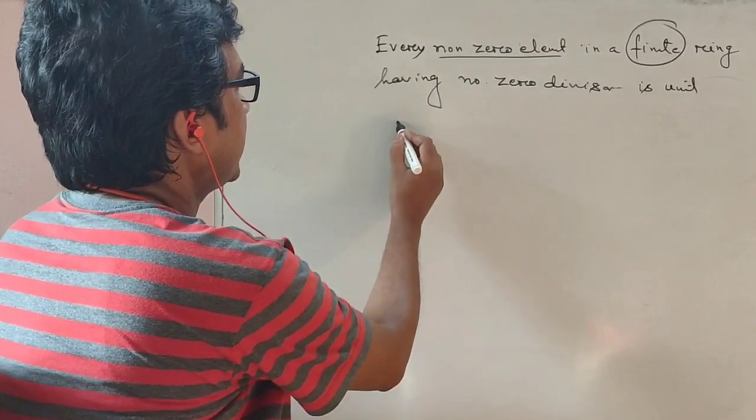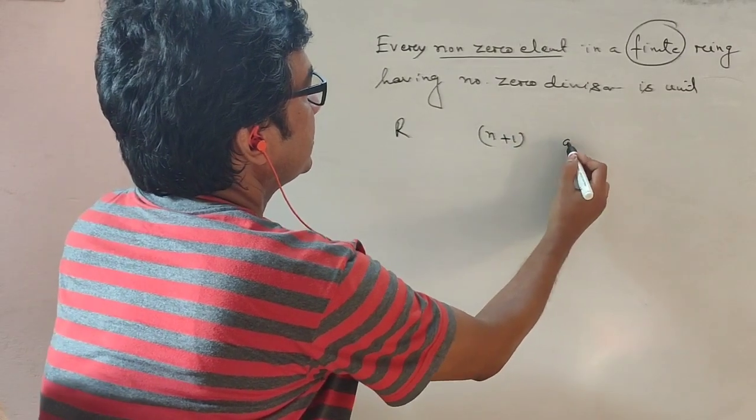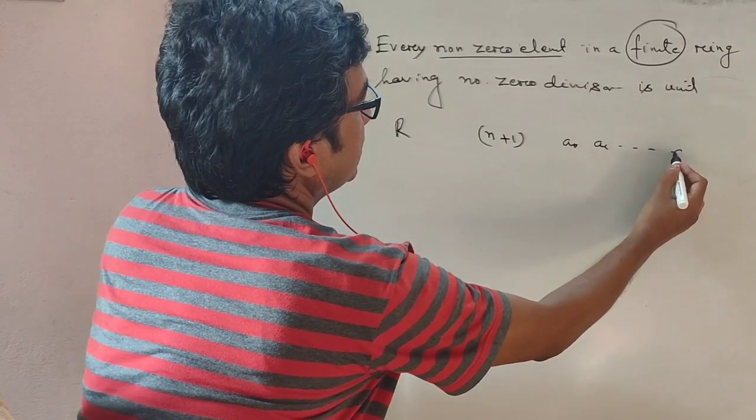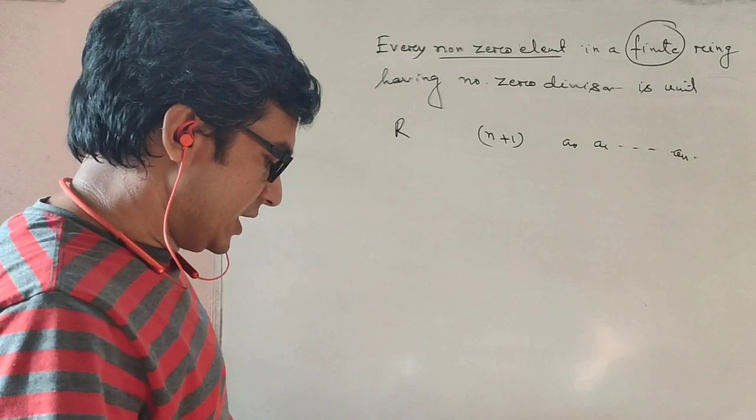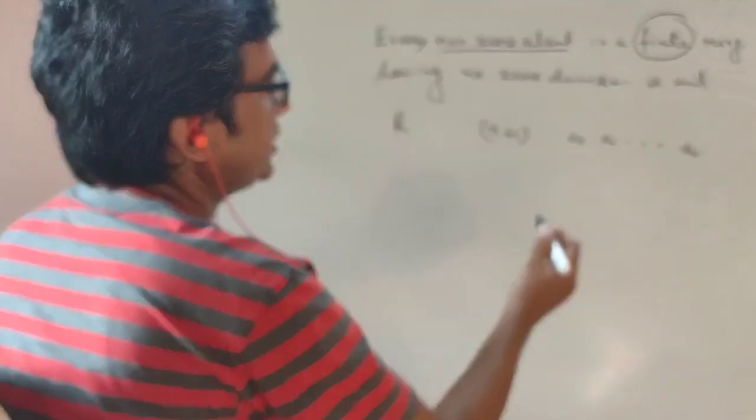Now let R be a ring with n plus 1 elements, A0, A1, up to An. Here A0 must be the zero element.